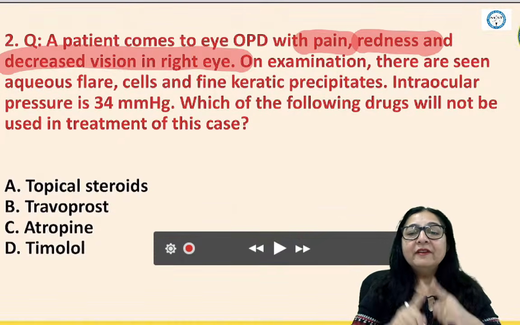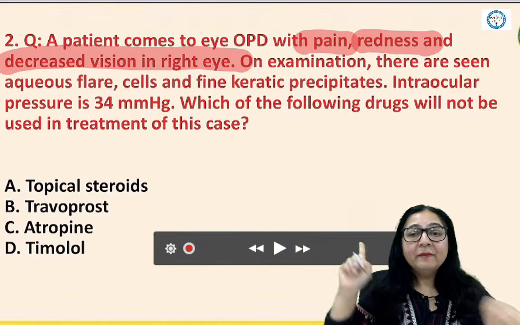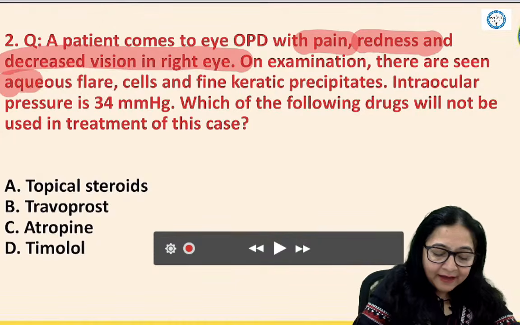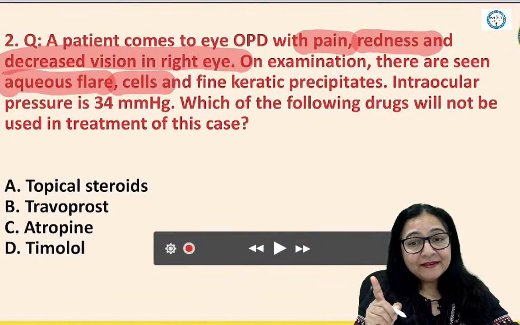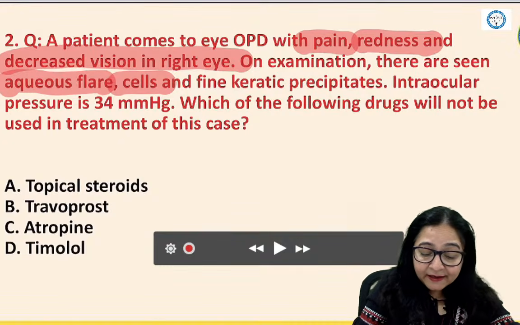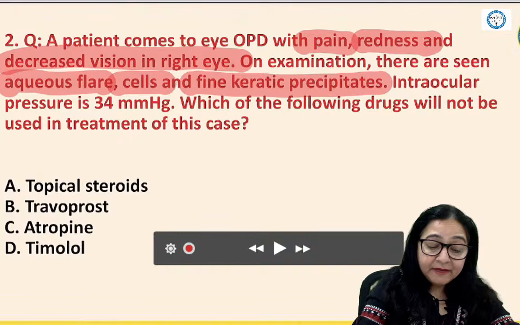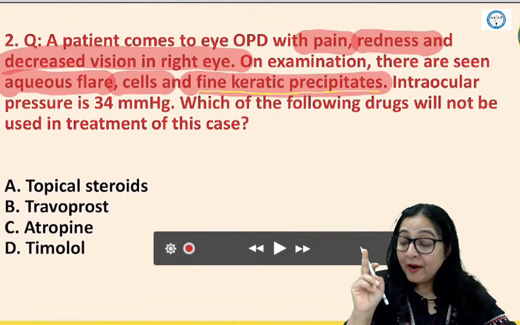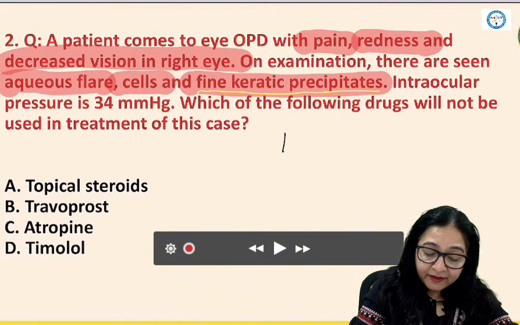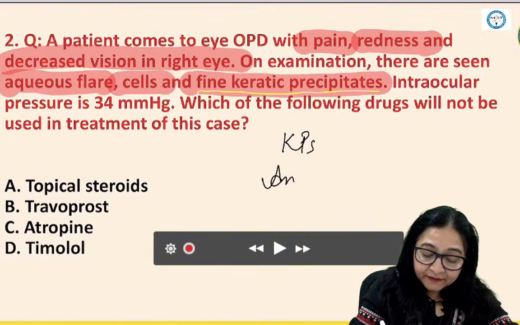On examination, what are the findings on slit lamp examination? Look carefully: aqueous flare and cells, so there is inflammation in the anterior chamber. Fine keratic precipitates. Once you see this word, you know keratic precipitates, KPs, are the hallmark of anterior uveitis.